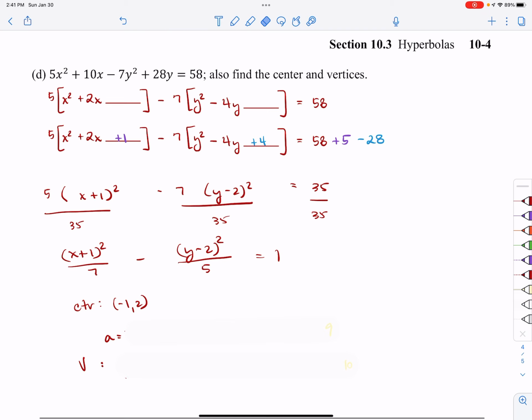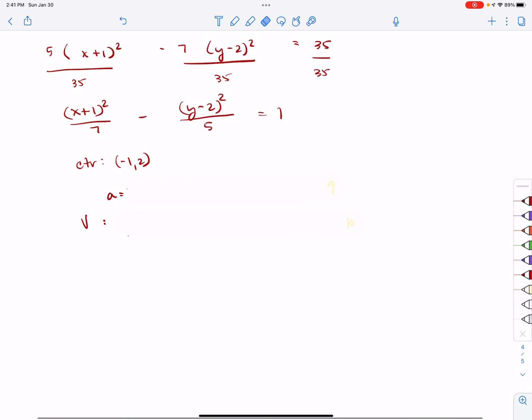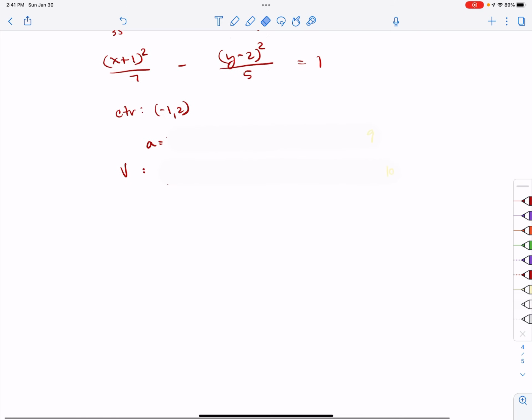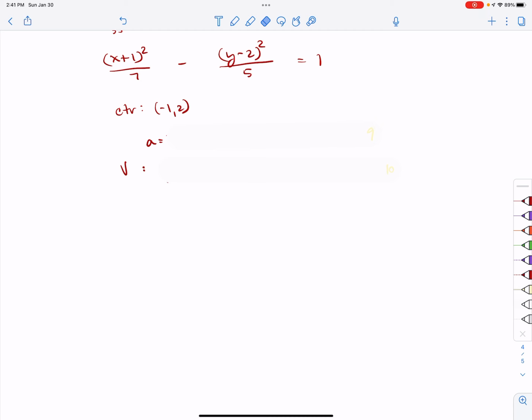which, going back to the directions, we were asked for the center and the vertices. My brain says in order to find the vertices, if I have a center at (-1, 2), my vertices are going to be to the right and the left, and they're going to be to the right and the left a distance of a.